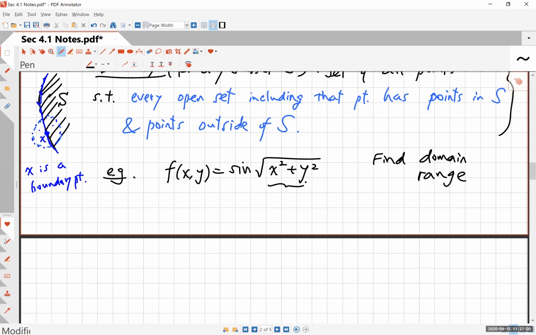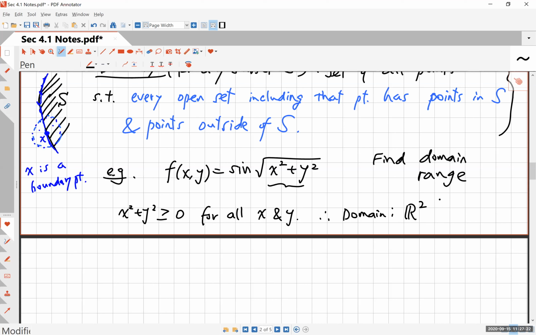There's no way to make x squared plus y squared negative. The least it can be is 0 for all x and y. And therefore, I don't see any reason to kick out any ordered pairs, so the domain is the entire R squared.